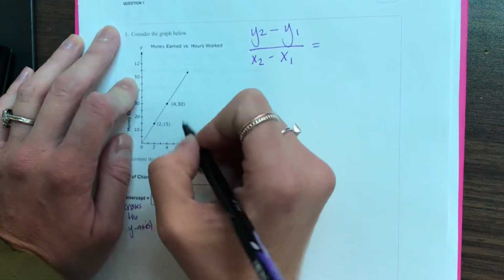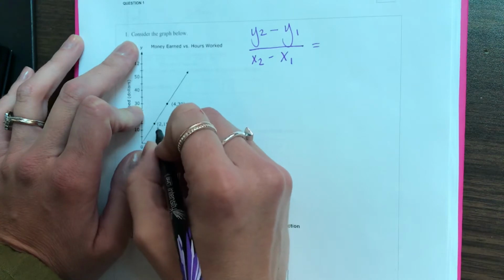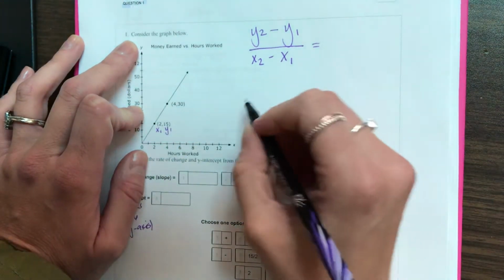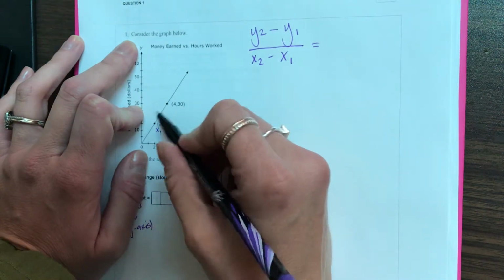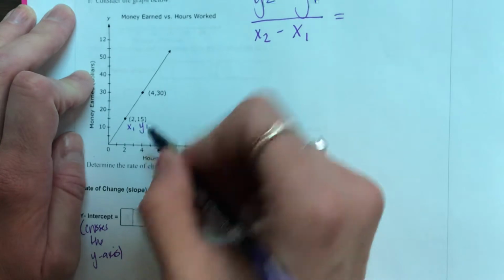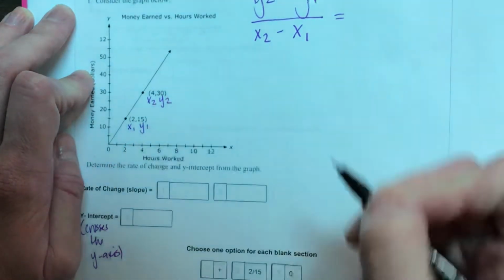So you can label these however you want. I'm just going to label this as the first one I see, so I'm going to say it's x1 and y1, because remember we always label our points x and y, and this is my first pair I'm looking at, so I'm just plugging a 1 out to the side, and this one can be my x2, y2.